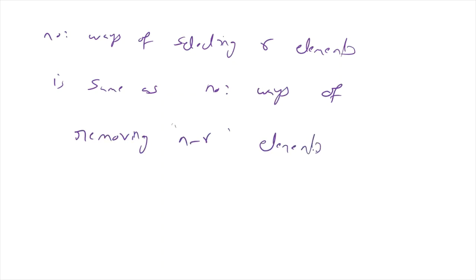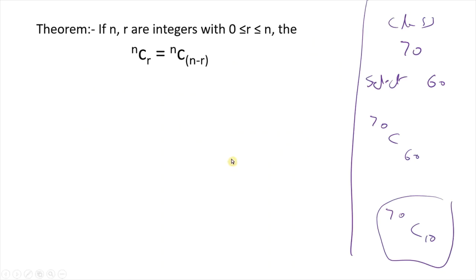To remove n minus R elements, we have to select n minus R elements. Therefore n choose R is equal to n choose n minus R. So that is one way of proving the theorem, and the second way of proving the theorem is using the formula.